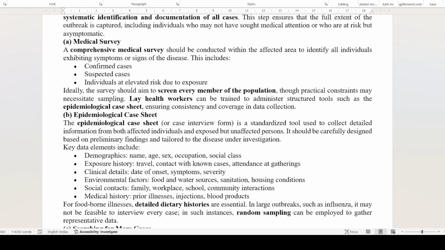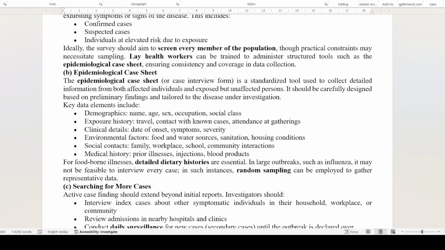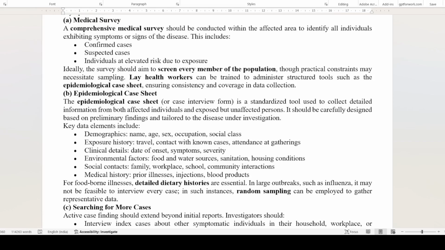This is done by medical survey, epidemiological case sheets, or by interviewing index cases. In the medical survey, data can be collected from those undergoing lab tests.